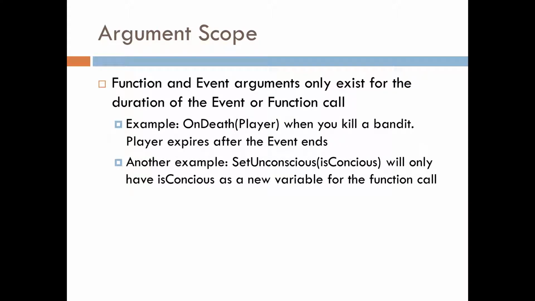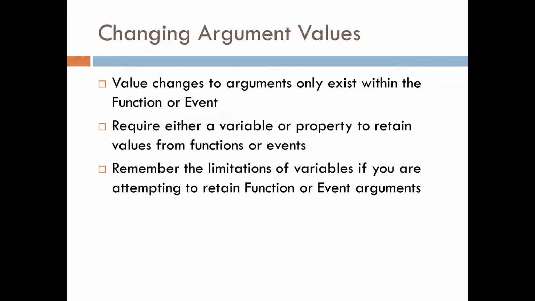So you have to either set it to a variable that's persistent, properties, which we'll go into in a moment, and you can set it to a global if it's a numeric value, but we'll get into that in a moment as well. So changing argument values, again, I was speaking about this a little early, my bad.